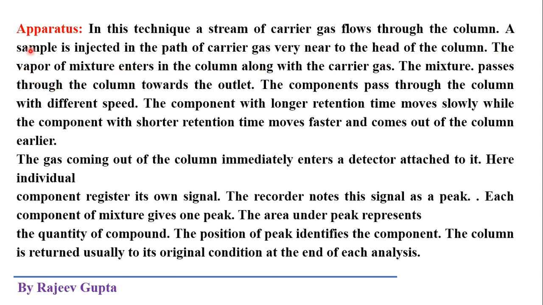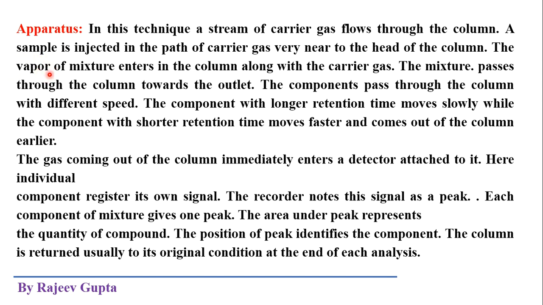See, vapor of the mixture. Suppose our sample is a liquid, then when we inject this sample inside the column, it immediately converts into vapor, because the temperature inside the instrument, or in that injection chamber where the sample is injected, is high. It should be high to vaporize this sample from liquid to vapor.